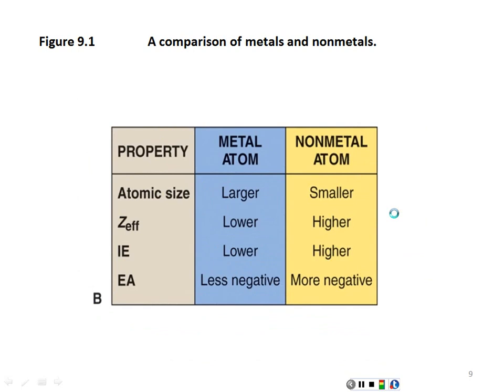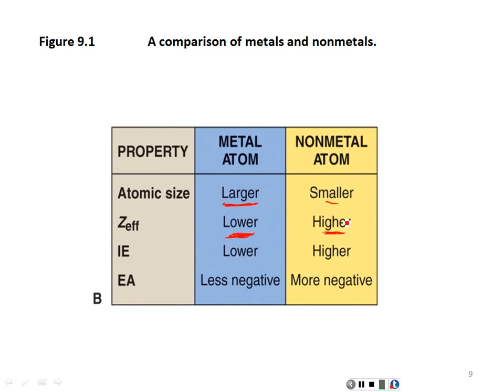And what are some key properties of metals and non-metals? Well, atomic size. A metal, because they are on the left side, they tend to be larger. Non-metals are smaller. The effective nuclear charge in a metal atom is lower, because again they're on the left side of the periodic table, and the effective nuclear charge in a nonmetal is higher.